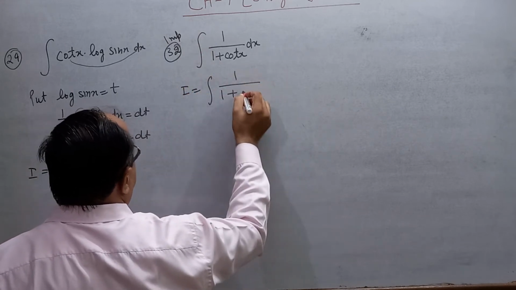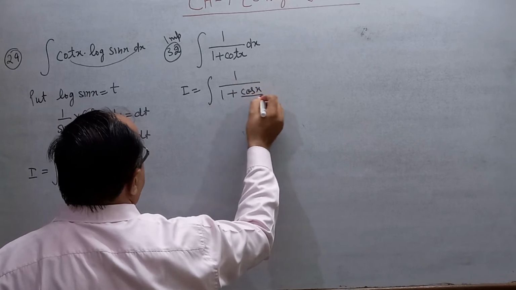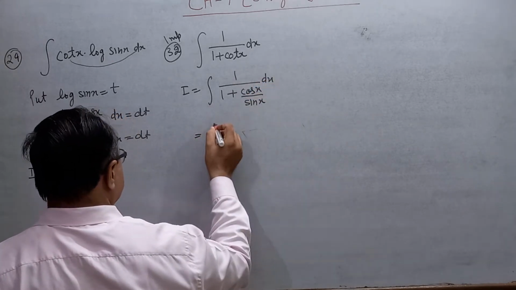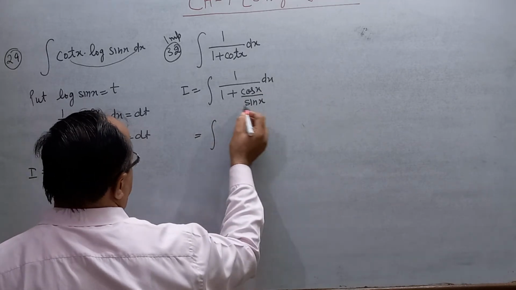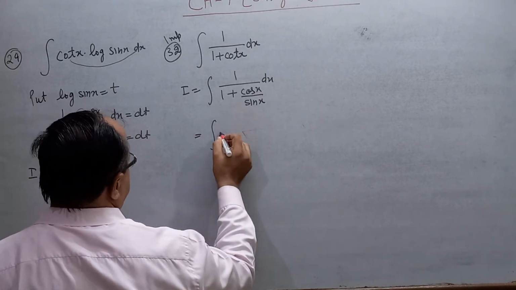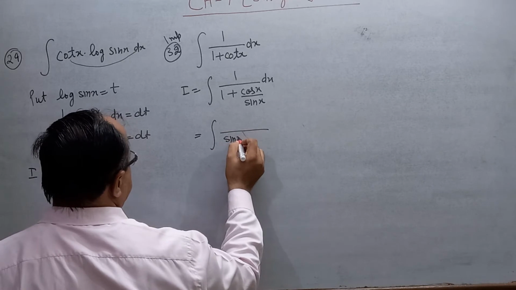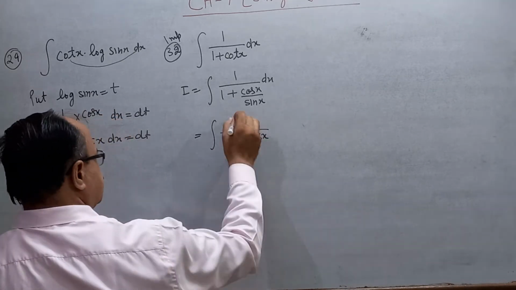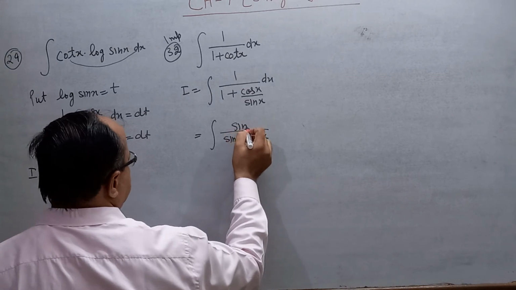In place of cot x, you can write cos x by sin x. Now take the LCM sin x, which gives sin x plus cos x, and this sin x shifts to the numerator.